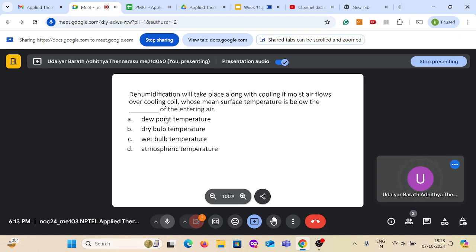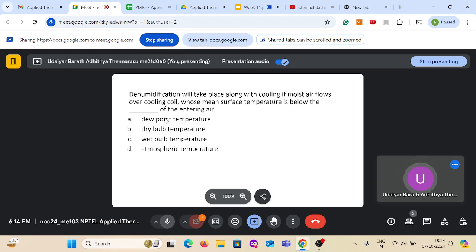The next question is: dehumidification will take place along with cooling if moist air flows over a cooling coil whose mean surface temperature is below the dash of the entering air.